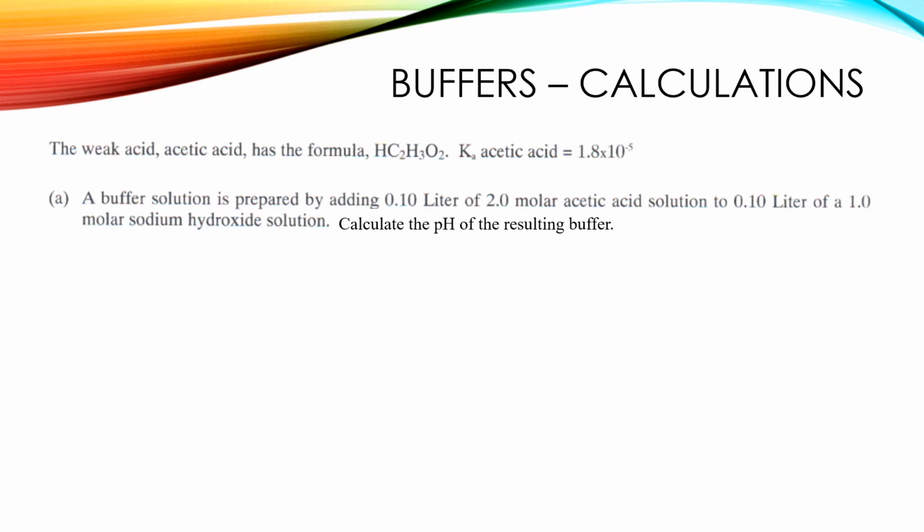So this question has us creating a buffer not by adding the weak acid or base with its conjugate salt, but by indirectly creating it by adding a weak acid with a limiting amount of strong base in order to neutralize a portion of it and create the conjugate.